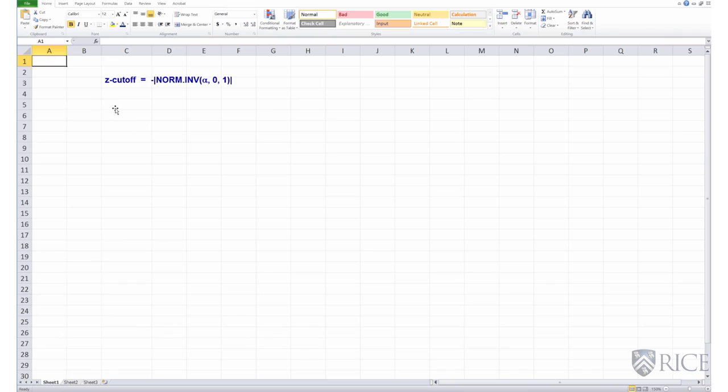So the cutoff value z cutoff is calculated as a negative of the absolute value of norm.inv.